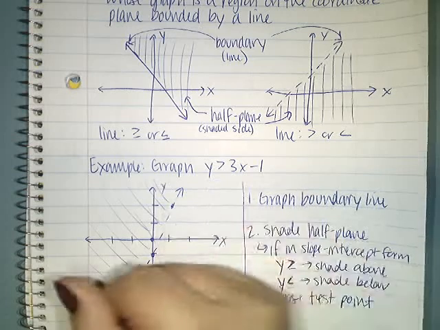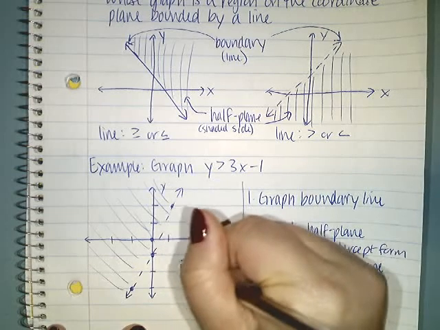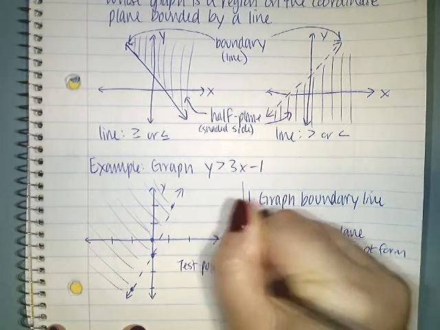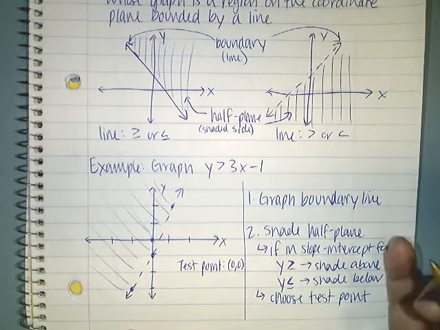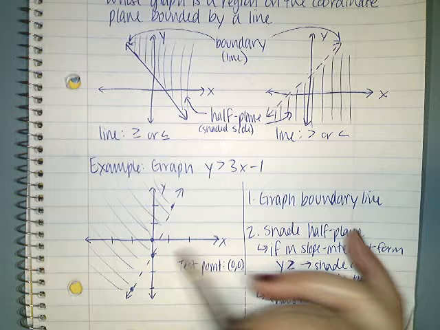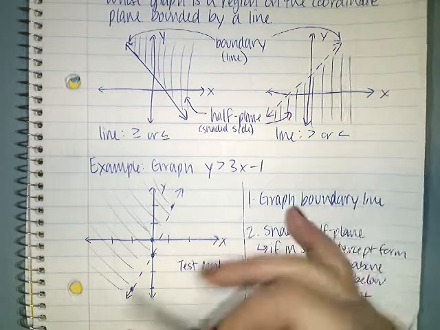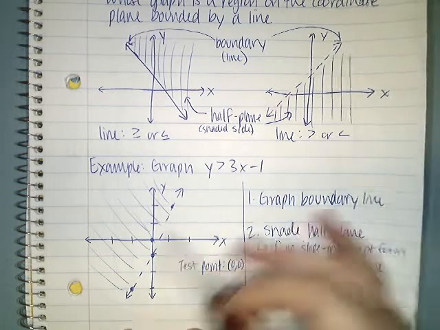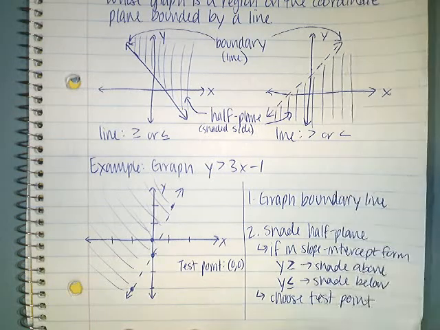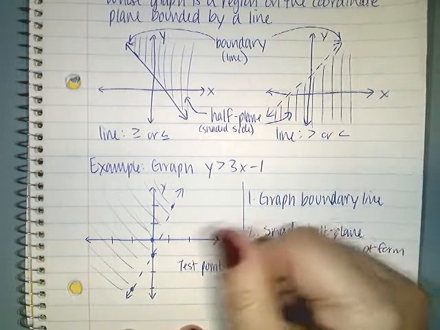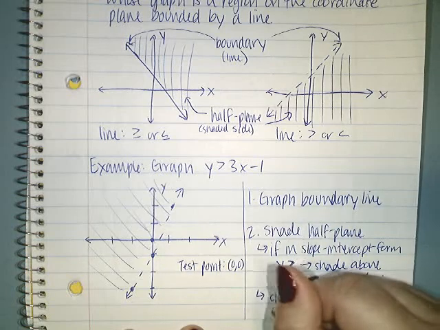I'm going to choose, for this example, the test point 0, 0. That's usually the easiest one. You should almost always choose that one unless your boundary line is on that. So unless your boundary line is on 0, 0, you should choose 0, 0 as your test point. And then all I do is plug in for x and y.